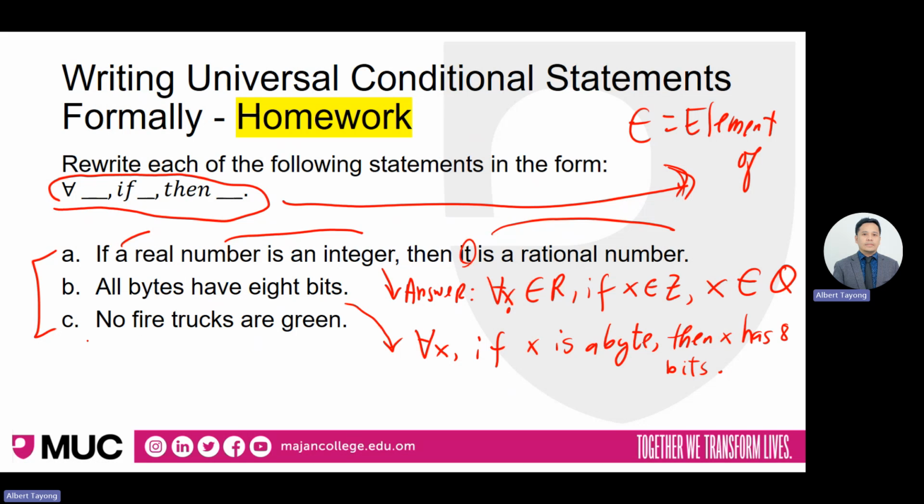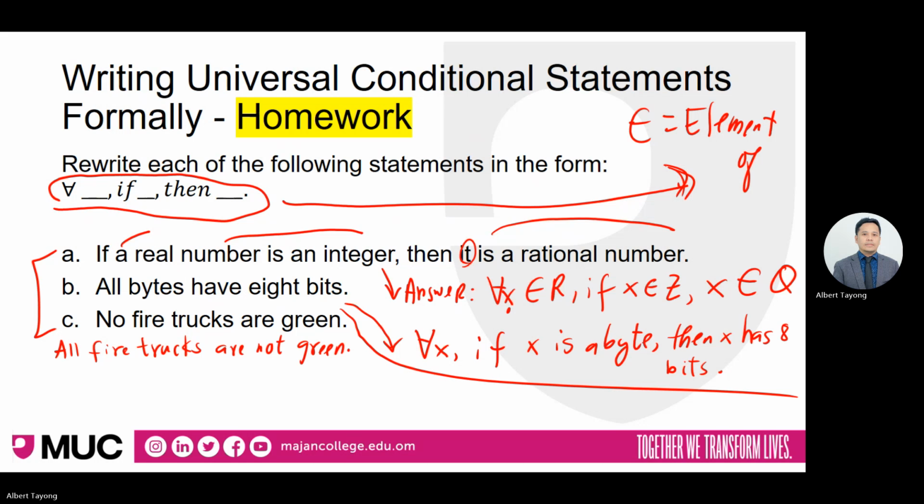Here, no fire trucks are green, so all fire trucks are not green. So the answer: for all x, if x is a fire truck, then x is not green.